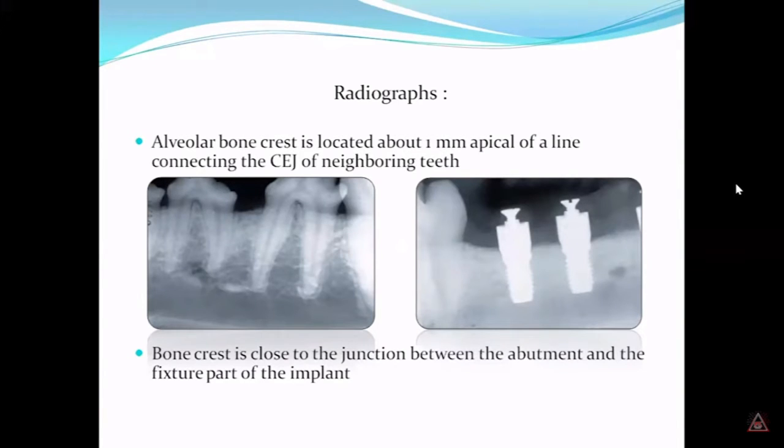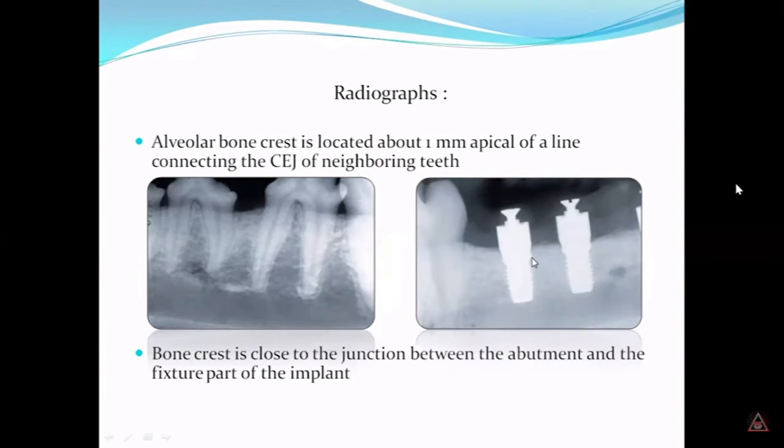Radiographically, your alveolar bone crest is located about 1 mm apical to the line joining the cemento-enamel junction. Whereas in the case of implants, the bone crest is close to the junction between abutment and fixture. So in a properly placed implant, your bone will be in between.